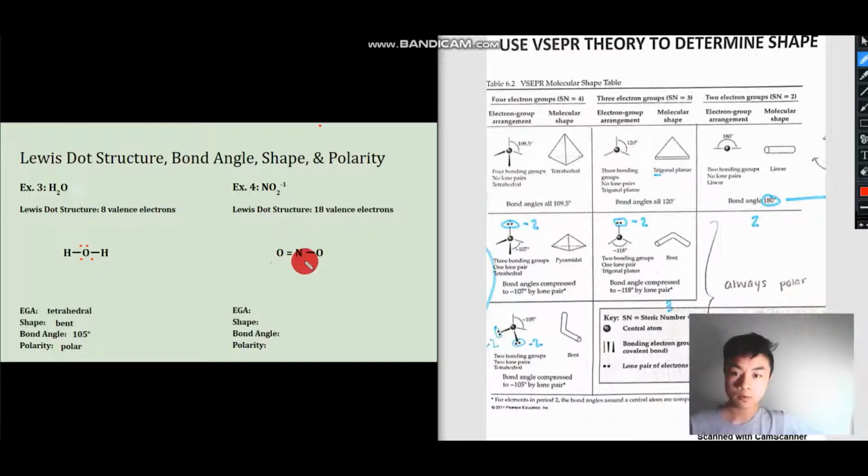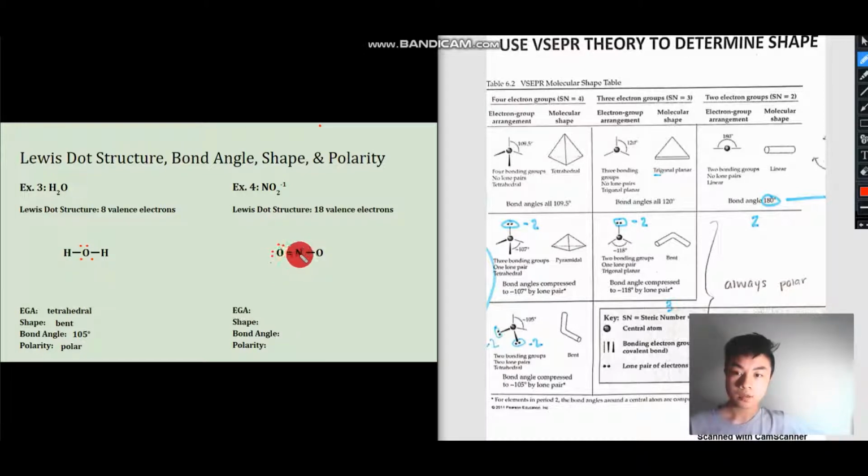We have 2, 4, and 6. We have 6 valence electrons in this picture right now. So 18 minus 6 is going to be 12. So we need to put 12 more valence electrons onto this picture. And so we know that since oxygen has 2 and 4 already, it needs 6 and 8 to be satisfied. So this side of the diagram is already done.